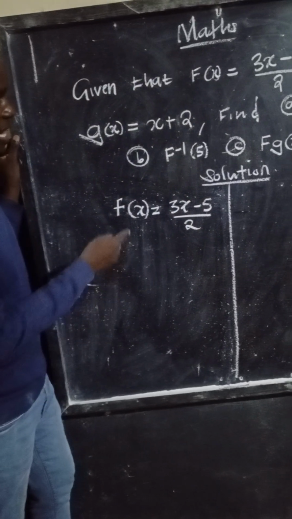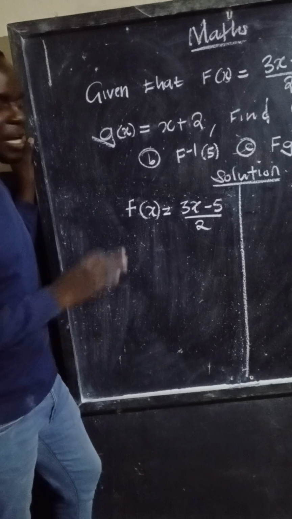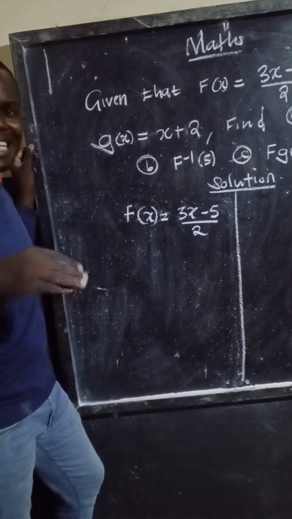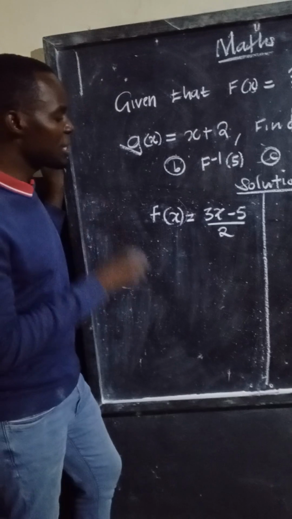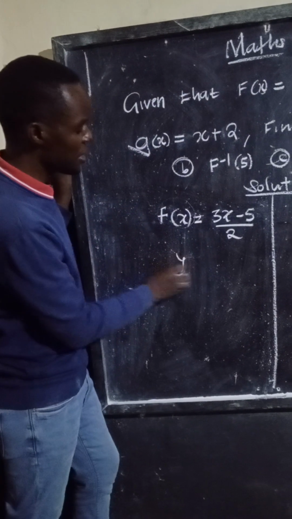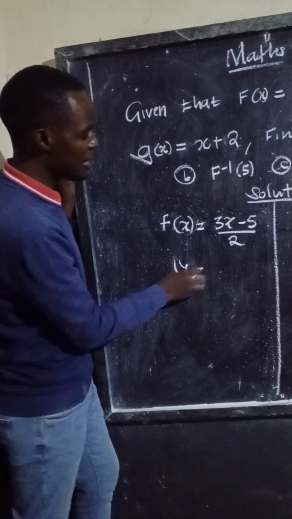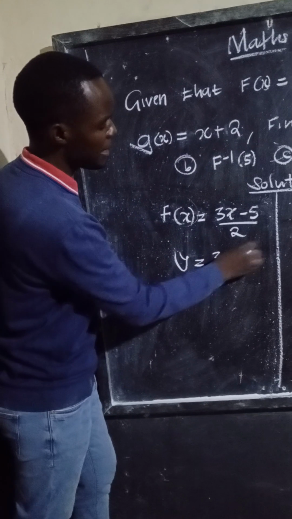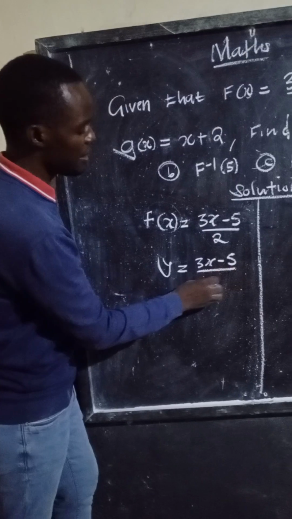Now, to find the inverse of this function, I'll substitute f of x with a letter of my choice. Don't forget that. So here, I'll substitute with y, then I'll do y equals 3x minus 5 over 2.